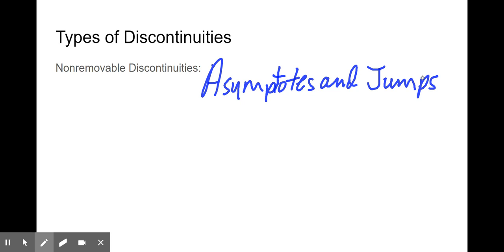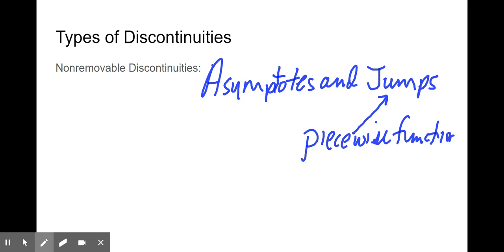Jumps you would normally find on piecewise functions. Asymptotes, you're going to be looking for them throughout, and you should already know how to find an asymptote. You've already found them before.